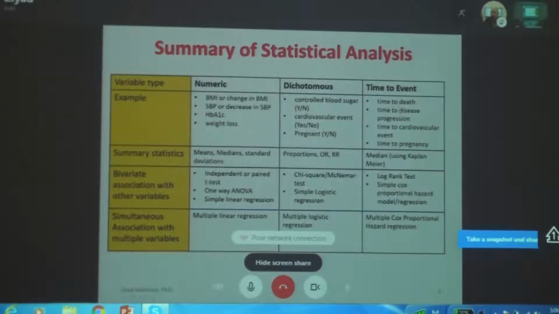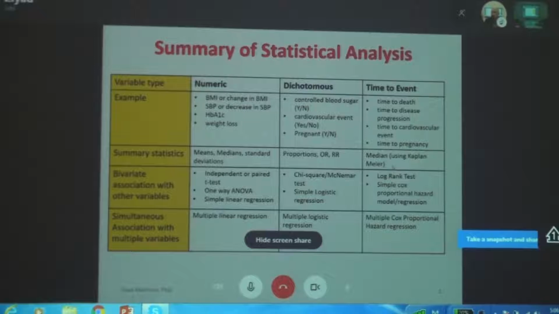But here you can see that the actual outcome is made of two things: there's an event that we're looking to occur, and there's the time to that event. So in the future, when we enter our data in SPSS, our outcome will have two components.